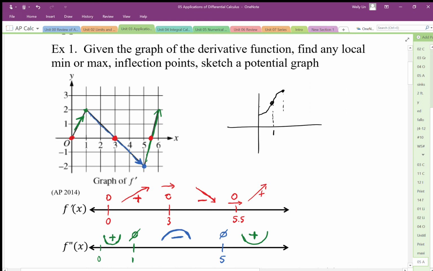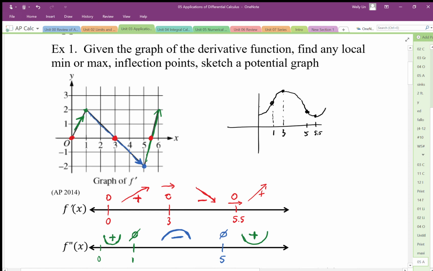I have a max point at 3. Then I'm going to come around, and it's going to change concavity again at 5, and then at 5.5 it's going to hit a min, and then it's going to keep going up like that. So that's a potential graph of that.